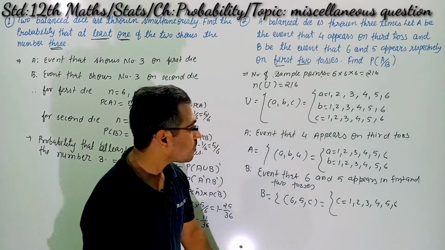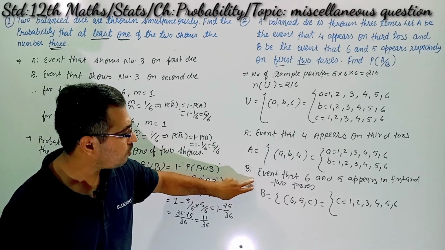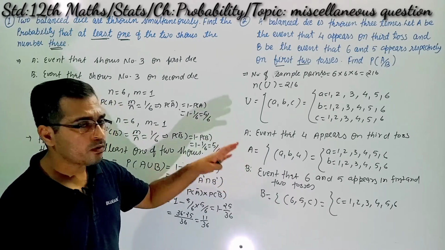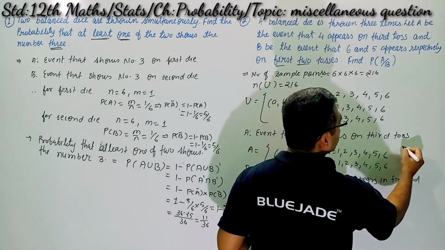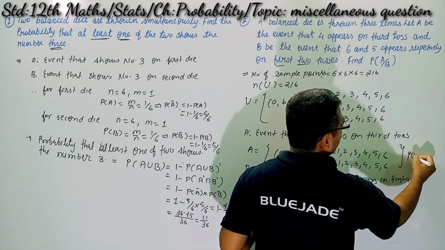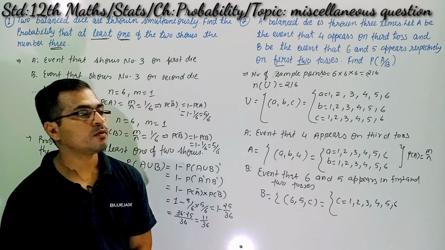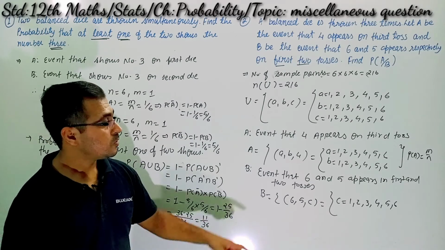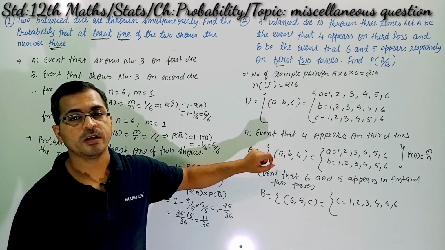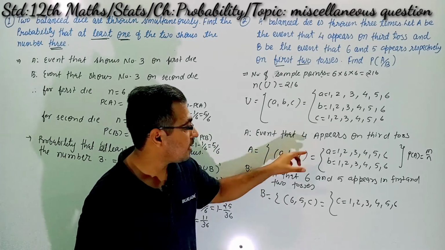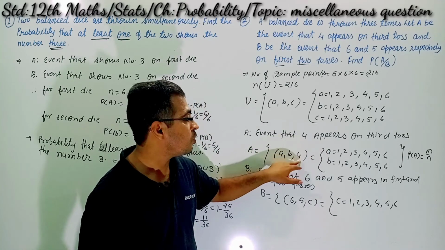Okay, students. So here we can find the probability of A, the probability of B, and the probability of both, meaning the common term. Probability of A will be M by N, where M is the number of favorable events. Here the favorable events are 36, because 4 is fixed and there is no change there.